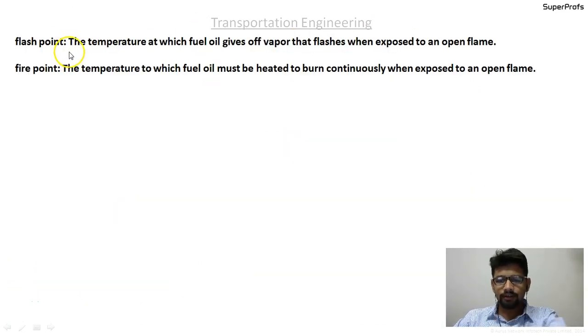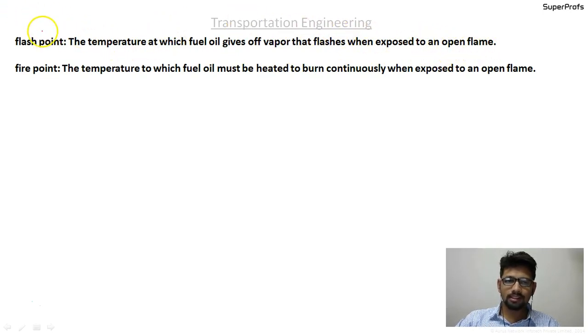So the next test that we are going to study is the flash point test. Okay, flash point. So what is flash point? It is the temperature at which fuel gives off vapor that flashes when exposed to an open flame. Okay.